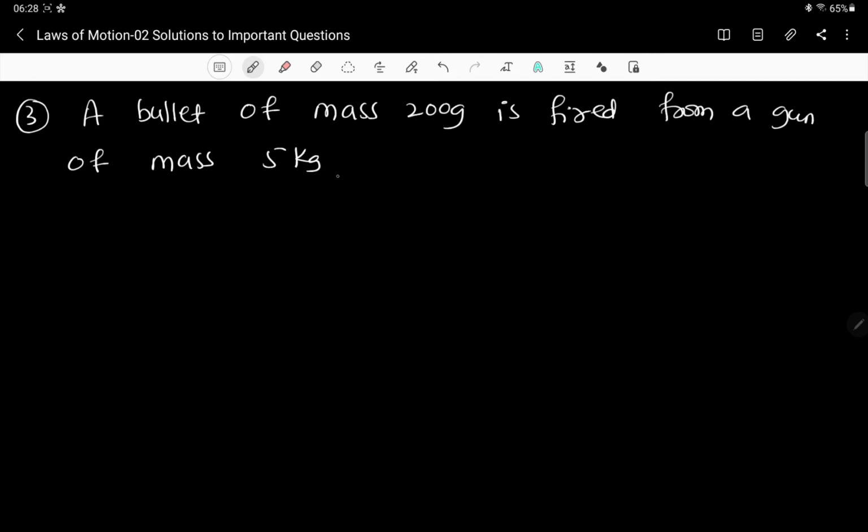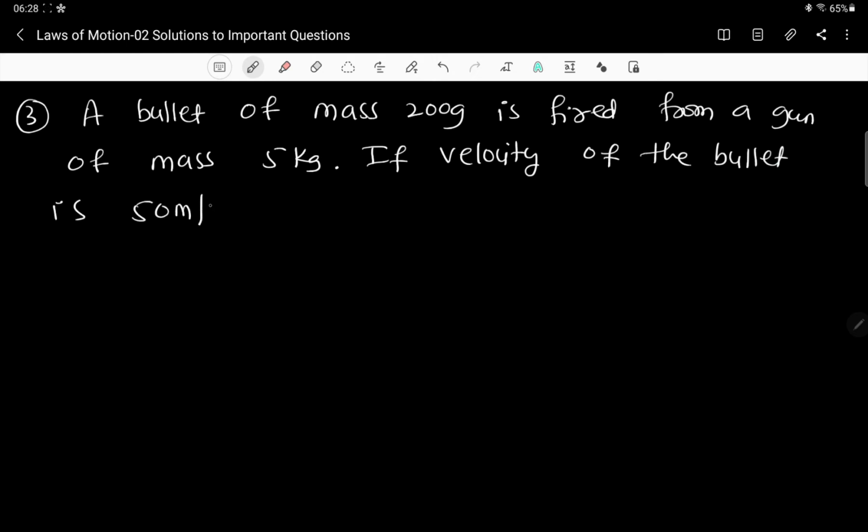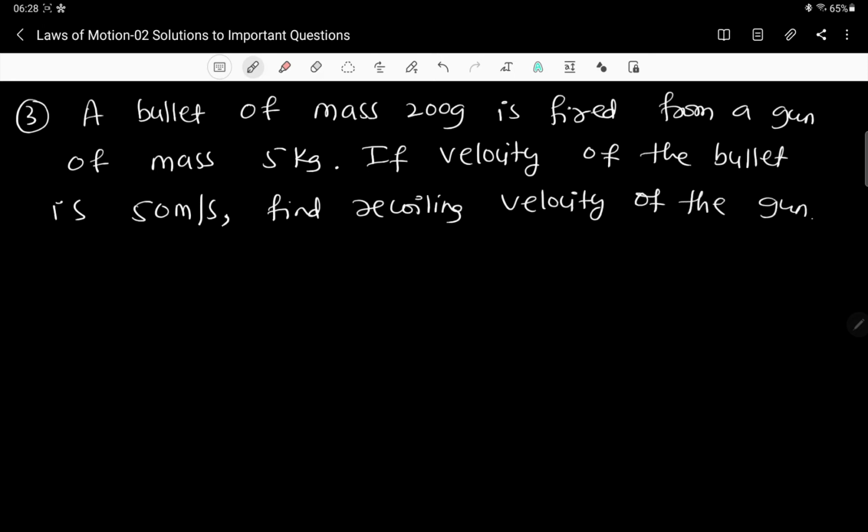If the velocity of the bullet is 50 meter per second, find the recoiling velocity of the gun. This is dependent on the law of conservation of momentum only.